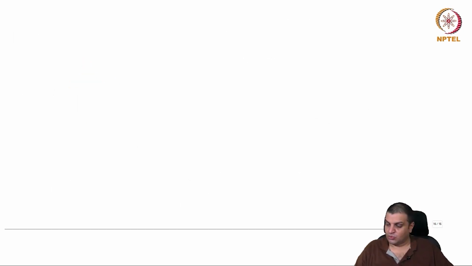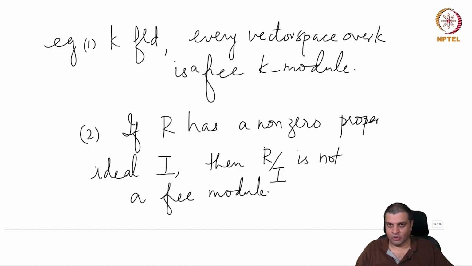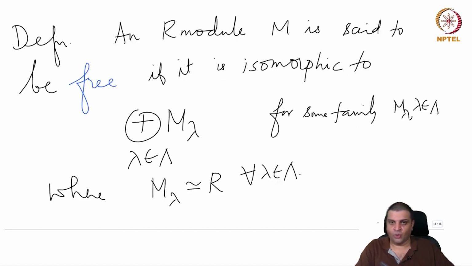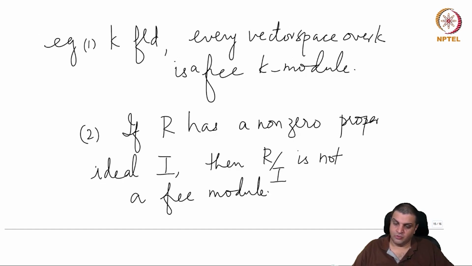So it's a statement about free modules: in free modules, there is always some element which cannot be multiplied to 0 by a non-zero element of the ring. However, if you look at R mod I, with non-zero ideal I, any non-zero element of I will multiply every element here to 0. So this cannot be free.